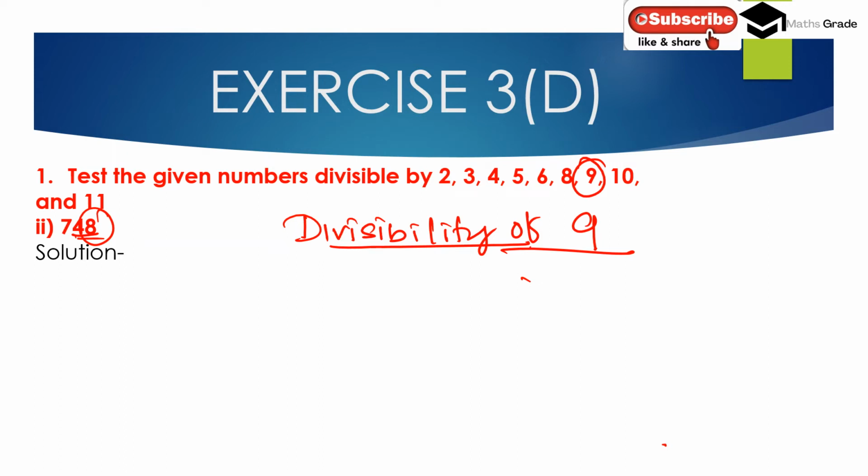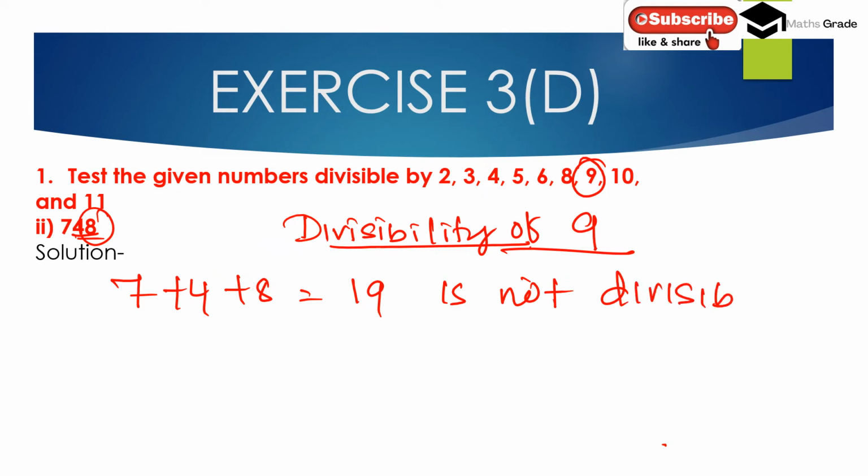If the sum of digits of the number is divisible by 9, then the number is divisible by 9. Here the sum of digits is 19, and 19 is not divisible by 9. So 748 is not divisible by 9.